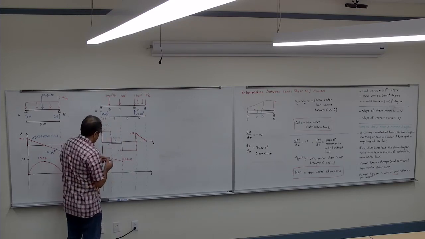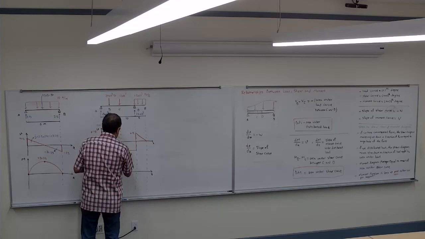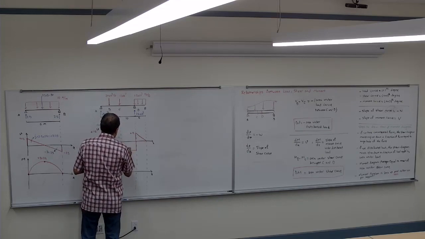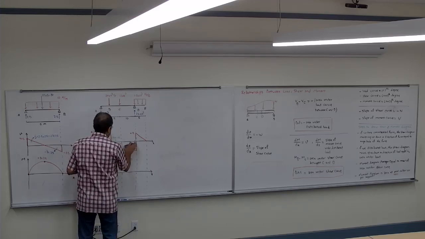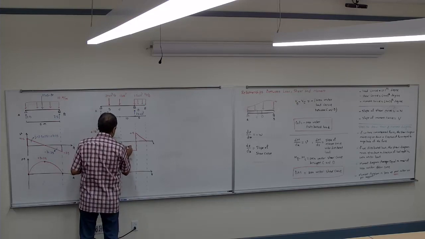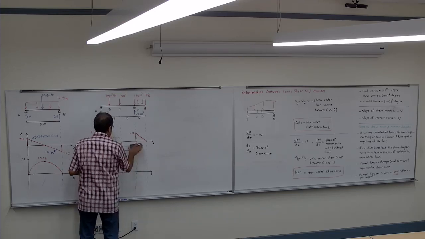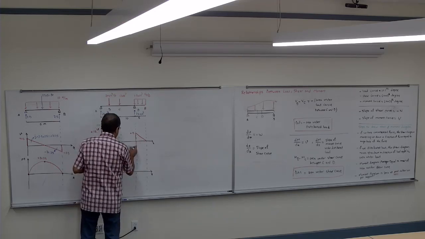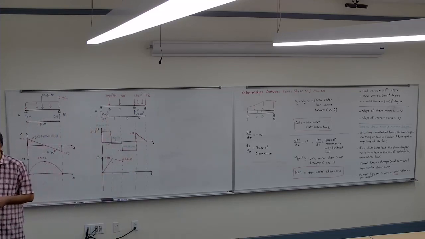Now, how much is the area here? It's going to be negative 12 times negative 4 times 10, negative 140. Correct?